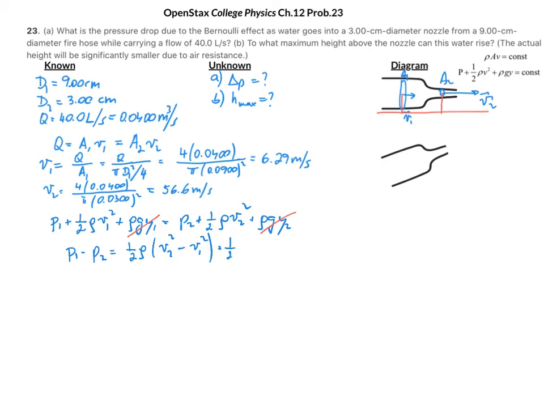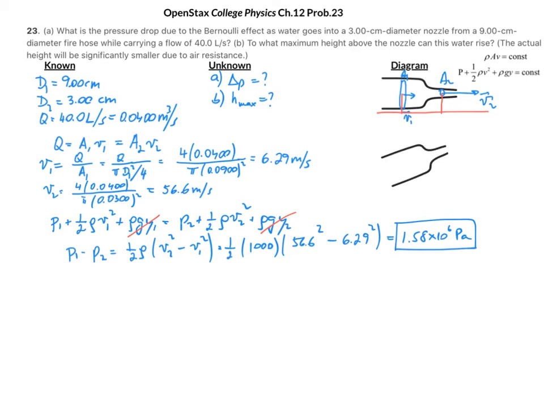So that would be 1/2 times the density of water, 1,000 kilograms per cubic meter, times 56.6 meters per second squared minus 6.29 meters per second quantity squared. And we end up with 1.58 times 10 to the 6th pascals. So this is the pressure difference as the water goes from the hose into the nozzle.